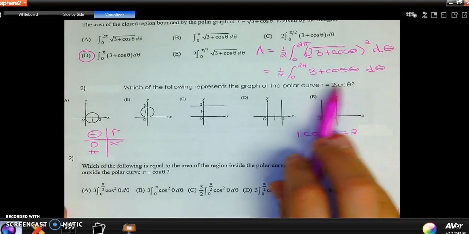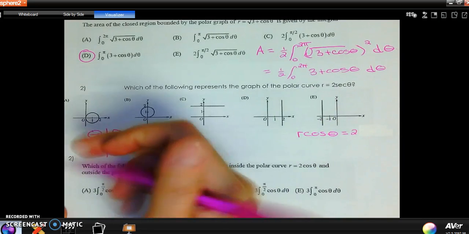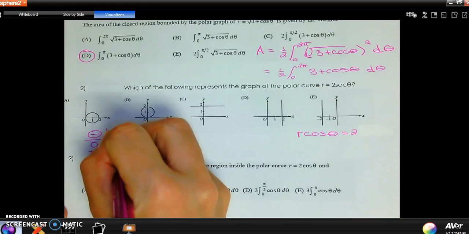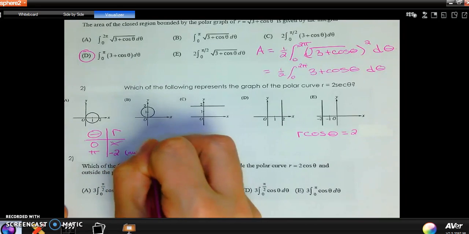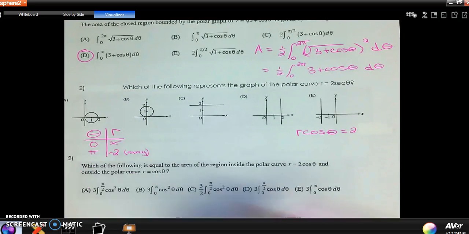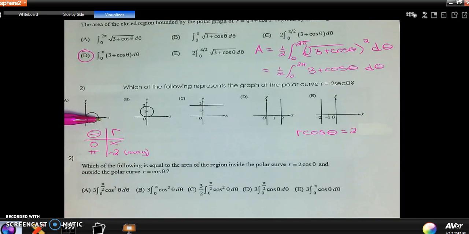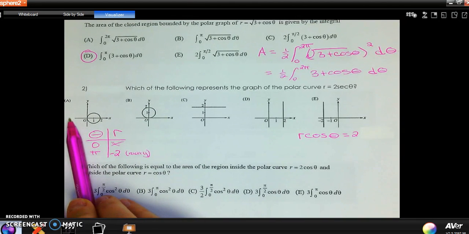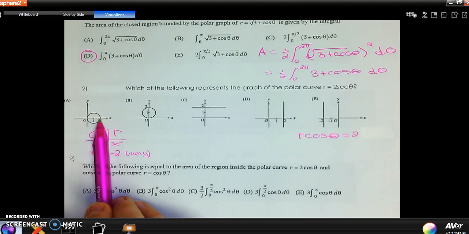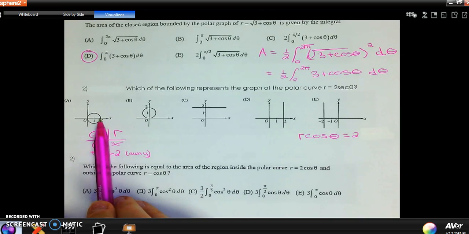So -1 times 2 gives you -2. Now remember, when you're graphing polar, a -2 means that you're actually moving away from pi. So if you're at 0, we don't have anything, and when you plug in pi, you're going to be at -2, so you'd have a point here.